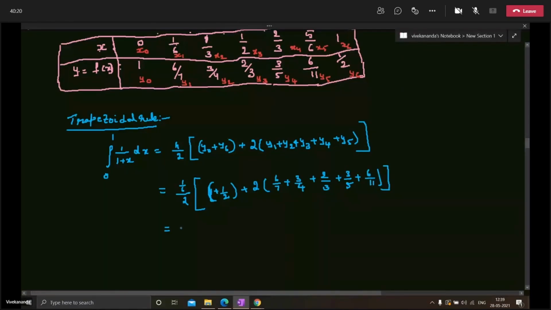So then 1 by 12 into 1 plus 1 by 2 means 3 by 2. So you add them: 12 by 7 plus 3 by 2 plus 4 by 3 plus 6 by 5 plus 12 by 11.